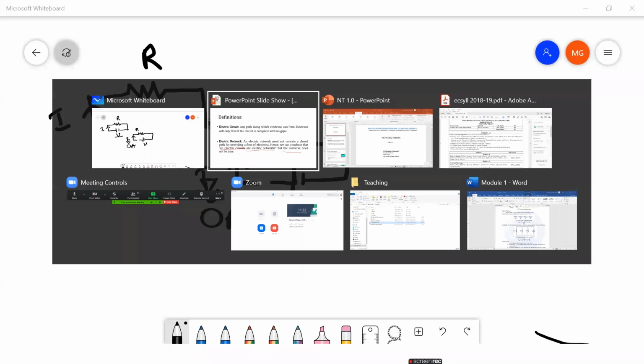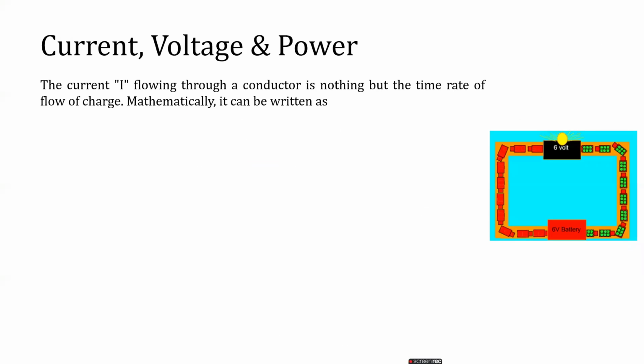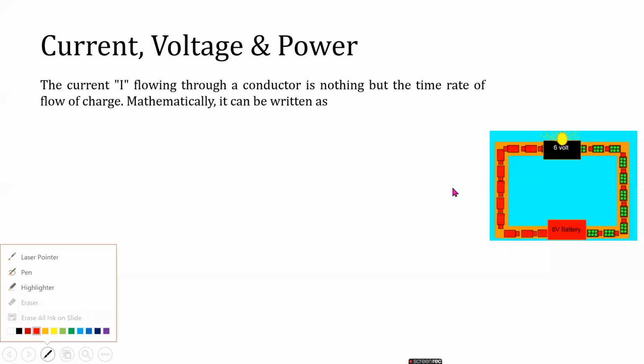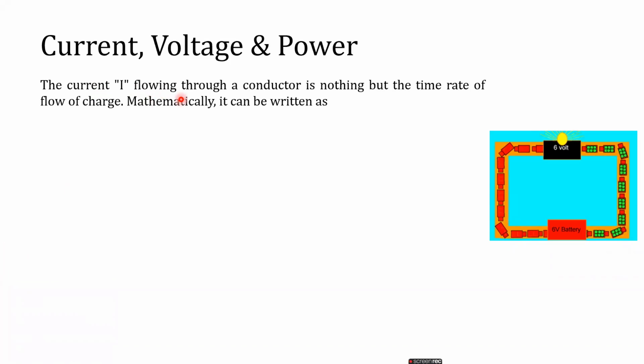All right. So let us see what you mean by current. I read the definition of current here. A current I flowing through a conductor is nothing but the time rate of flow of charge.